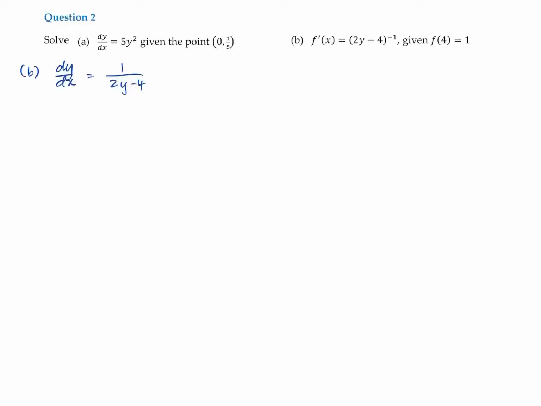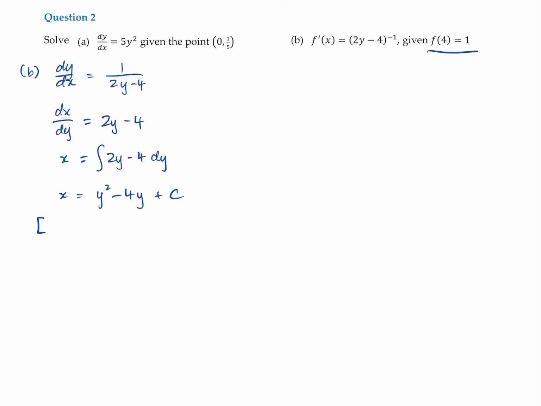And so taking the reciprocal, dx dy is 2y minus 4, and x is the integral of 2y minus 4 dy, which gives us y squared minus 4y plus c, looking like a perfect square almost, isn't it? We will be completing the square in a minute.